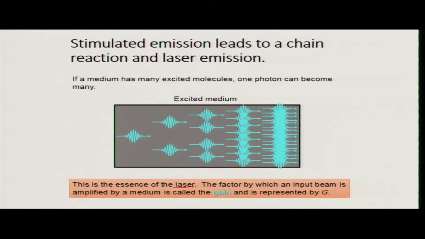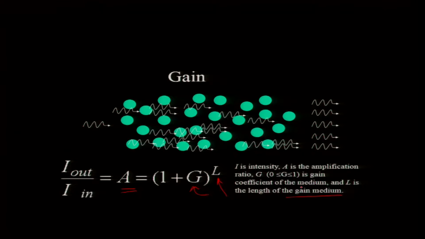The factor by which an input beam is amplified in a medium is called the gain, as we just discussed, and is represented by G, which gives rise to the amplification factor for a given length of the gain medium.